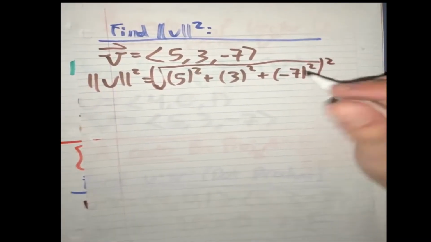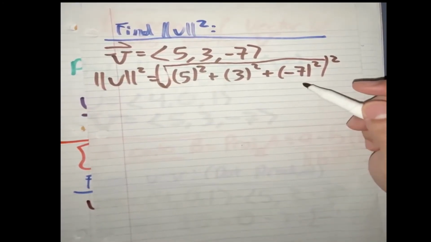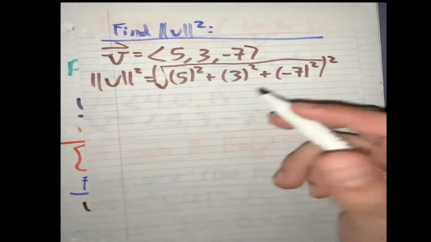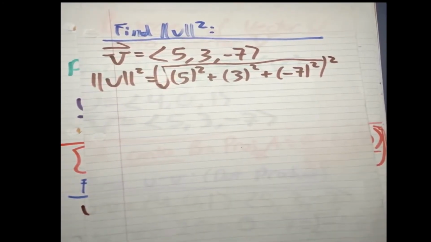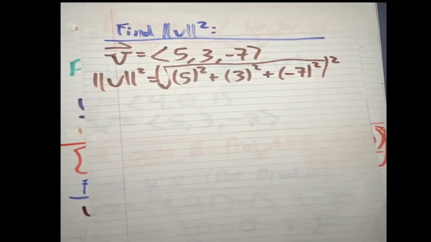So basically the next step is just to take these terms, 25 plus 9 plus 49. 25 plus 9 is 34. 34 plus 49 is 83.